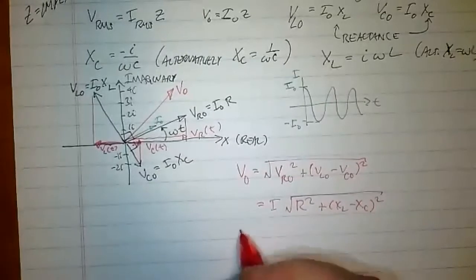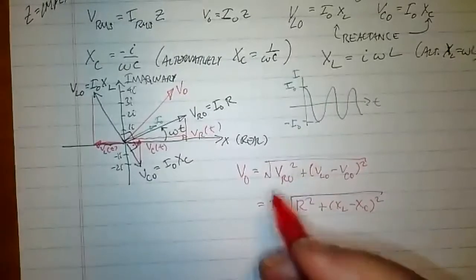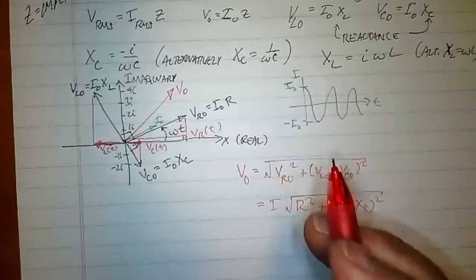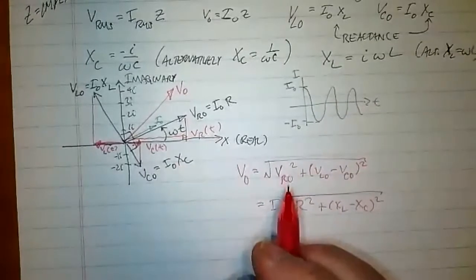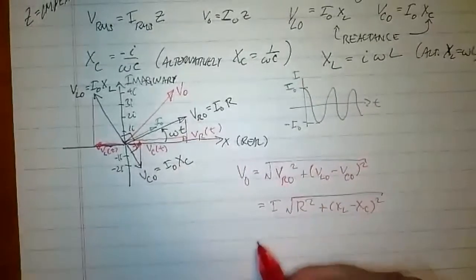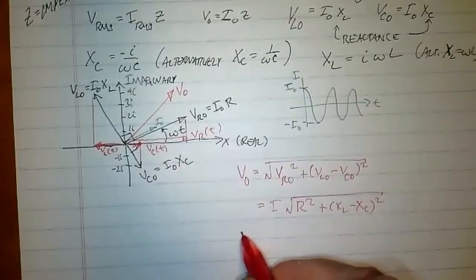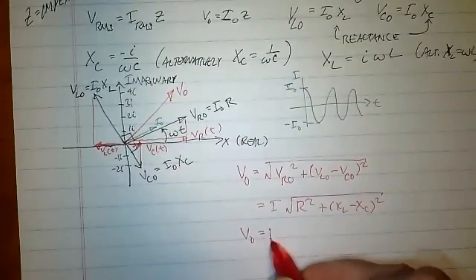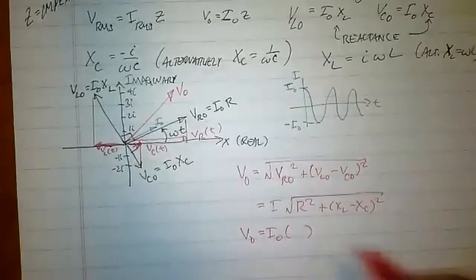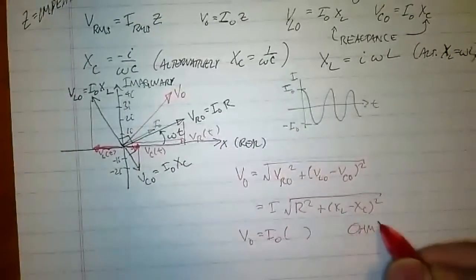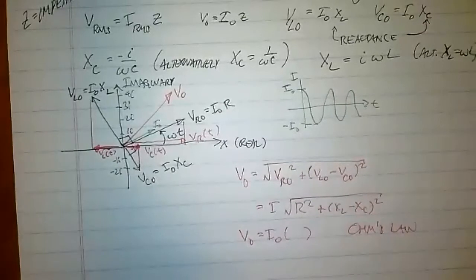And you get ultimately the impedance, which really matches the net resistance of the whole circuit, even though it is actually frequency dependent. If you want V0 to equal I0 times some quantity like Ohm's law, then your answer is Z.